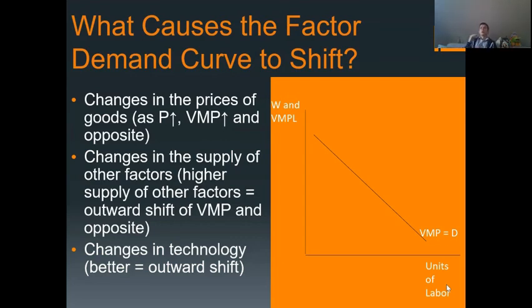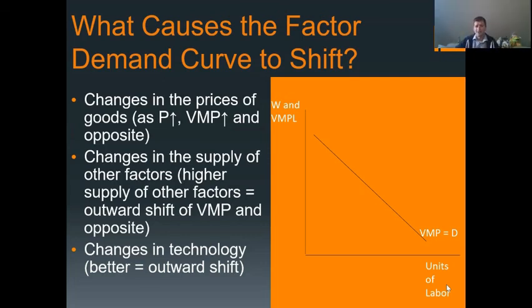So if some new technology comes along that makes workers more productive, that increases the marginal product, that shifts your demand to the right. If the price of the product increases, that will increase the demand as well, because price increasing, price times MP, that moves the demand curve to the right.